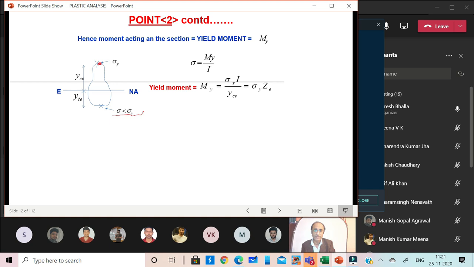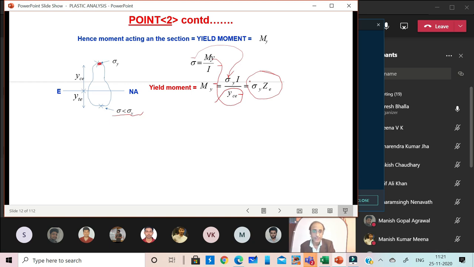All we have to do is, because top is governing, we substitute here the value of the y compression, and at the top we have the stress equal to sigma y, so we get here the yield moment. So this is the yield moment of the section, and it is governed by the compression side here.